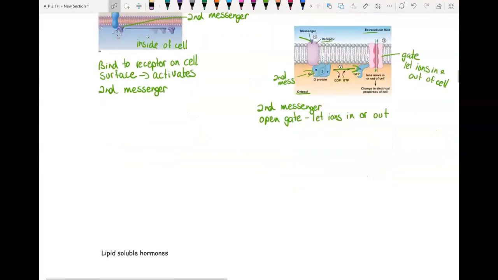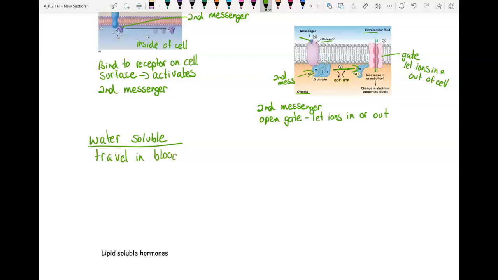So to summarize a water-soluble hormone, it will travel in the blood just fine. So it does not need a carrier because it mixes with the water in the blood. It then binds to a receptor on the surface.